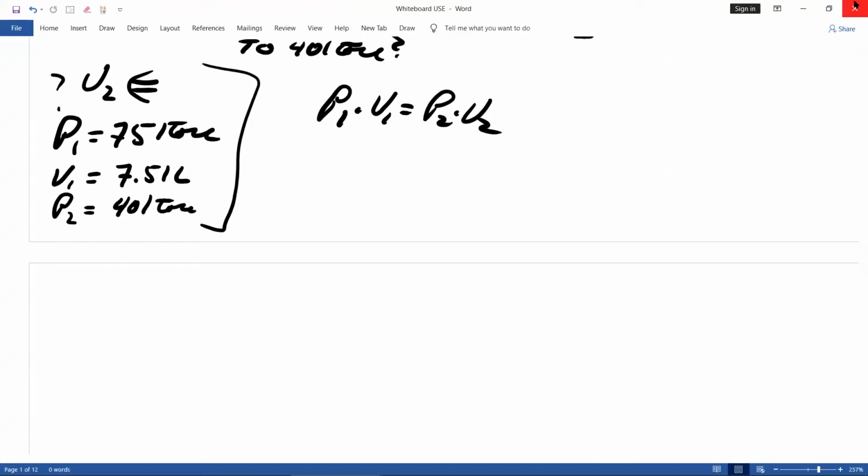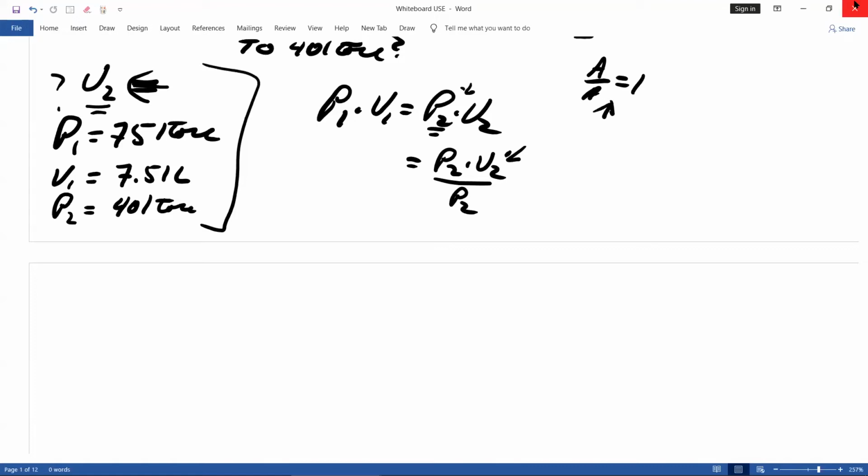I want it alone on one side. When you have multiplication or division, for this class, multiplication, if I want V2 alone on one side, I've got to get rid of P2. How do you get rid of something like that in a multiplication? Anything divided by itself equals the number 1. So to get rid of P2, because I want V2 alone on one side, because that's what I'm trying to solve for, I'll divide by P2.